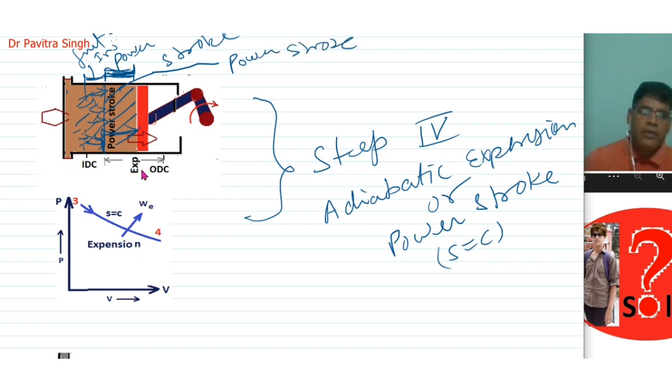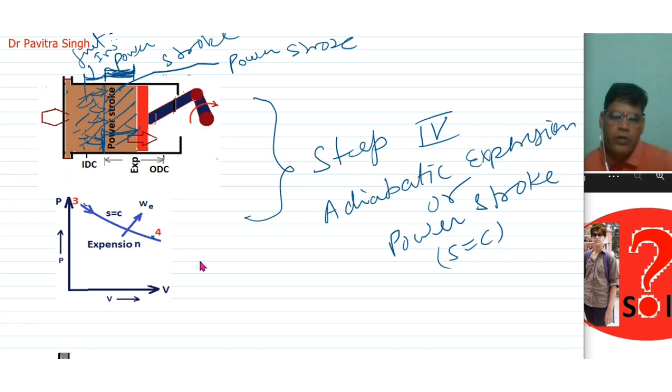Okay, so this is the power stroke from point 3 to 4. So this process is taking place at constant entropy, and this is called expansion work or power stroke. So this piston is moving left to right, and in this situation the volume is increasing and pressure is decreasing. Okay, so this is power stroke or expansion stroke.